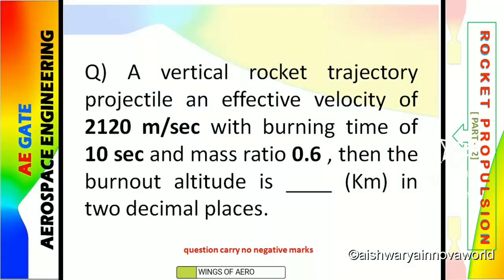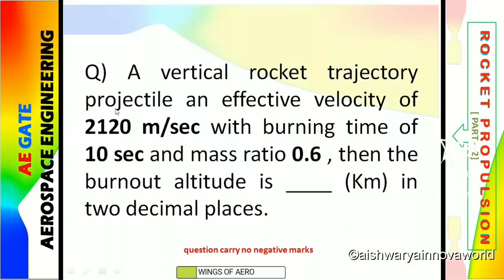So what they have given is effective velocity 2120 meter per second, burning time 10 seconds, mass ratio 0.6, and they have asked for the burnout altitude. In the previous question we found the burnout velocity. Here they have asked for altitude, and it's a trajectory projectile.